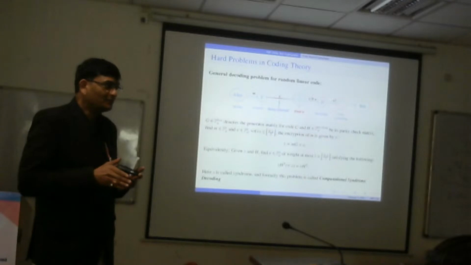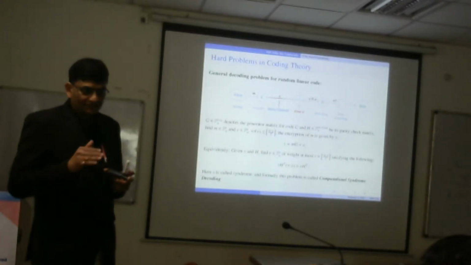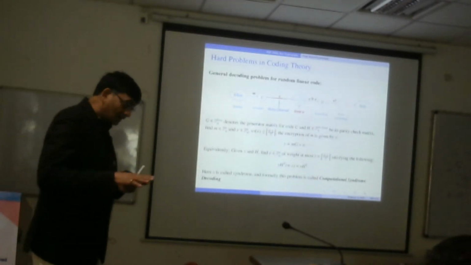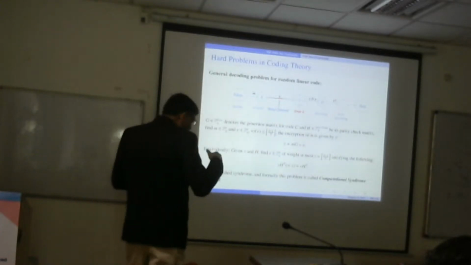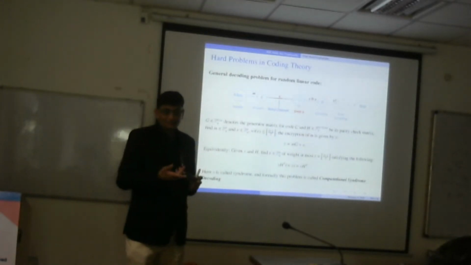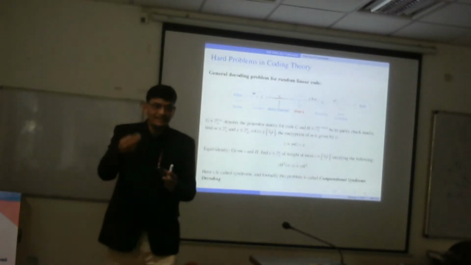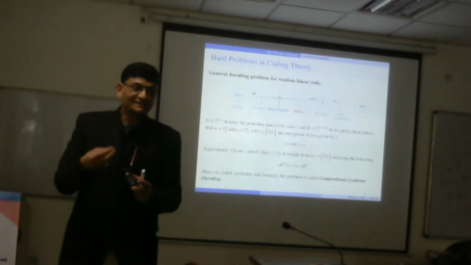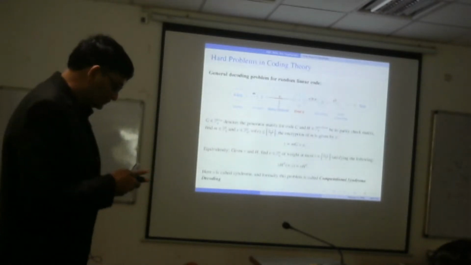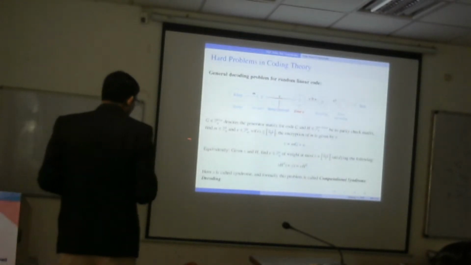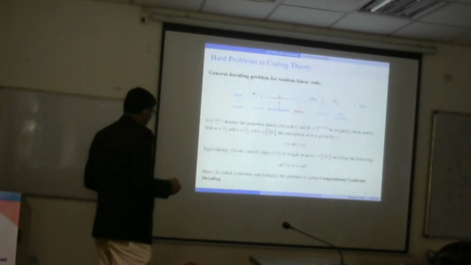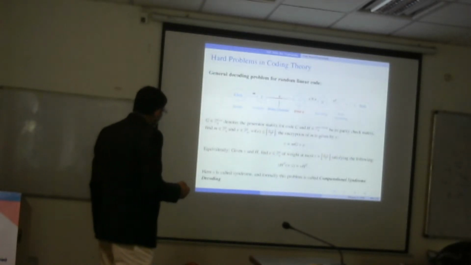The same concept of coding we can use for encryption. Earlier, the error was coming because of the noisy channel, but here we introduce the error by ourselves. So here we use the encoding and then we have a noisy channel, right? So we will get the C.